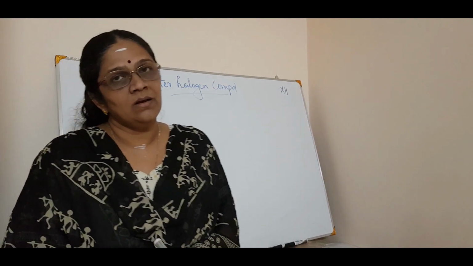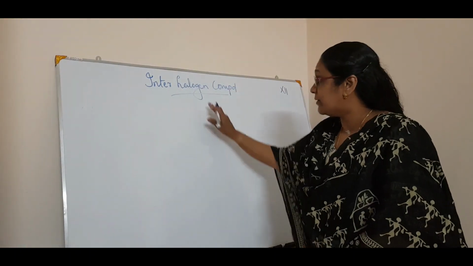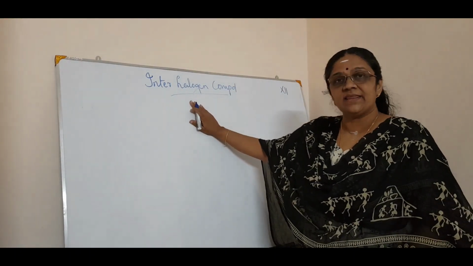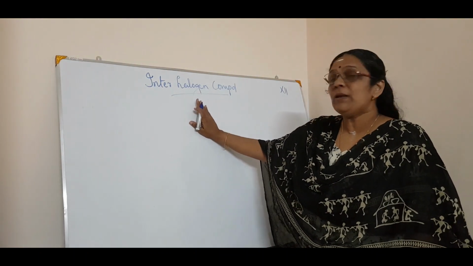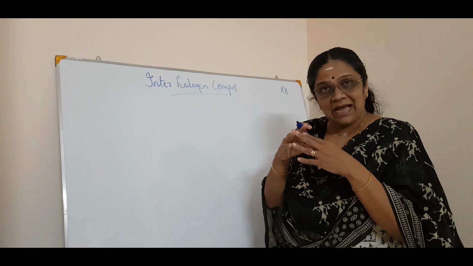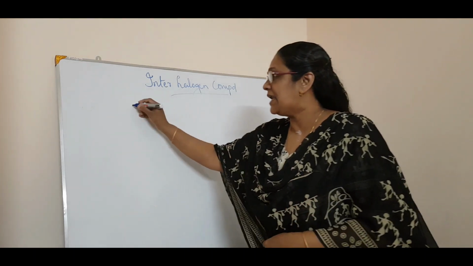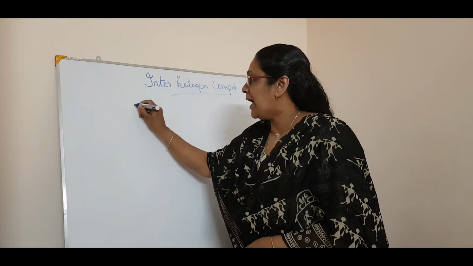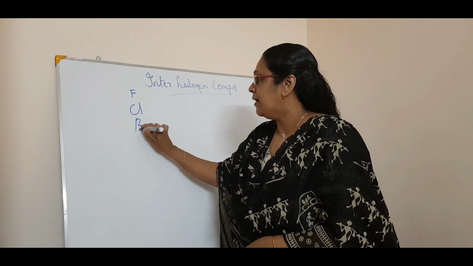So now we will see the interhalogen compounds. It is very, very important. Okay, interhalogen compounds, and then we will go to the 18th group. So what do you mean by interhalogen compounds? Interhalogen compound means compounds formed between the halogens, isn't it? For example, chlorine, fluorine, bromine, iodine.